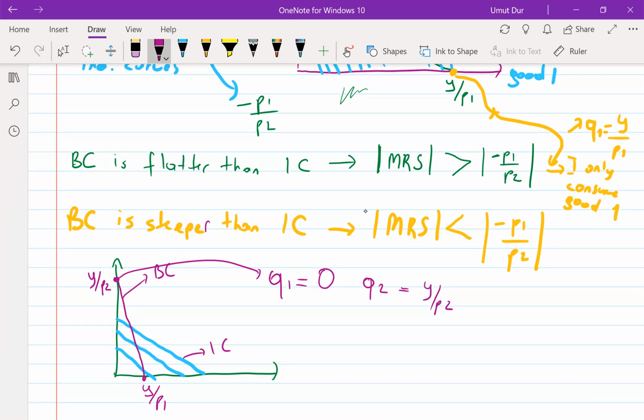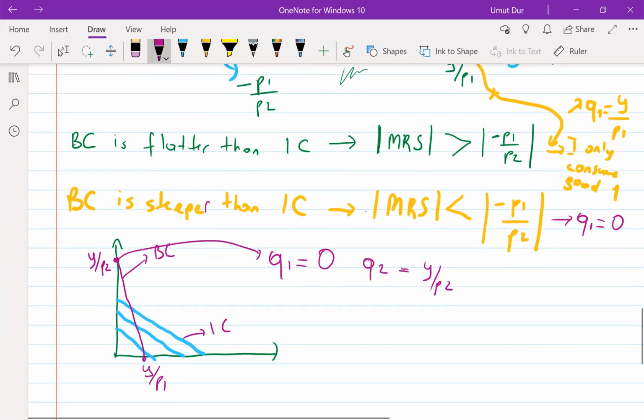Exactly. Since I am interested in my demand for good one, the demand for good one is equal to 0 whenever the absolute value of the marginal rate of substitution is less than the absolute value of the ratio of the prices, which corresponds to the case where the budget constraint is steeper than the indifference curve.